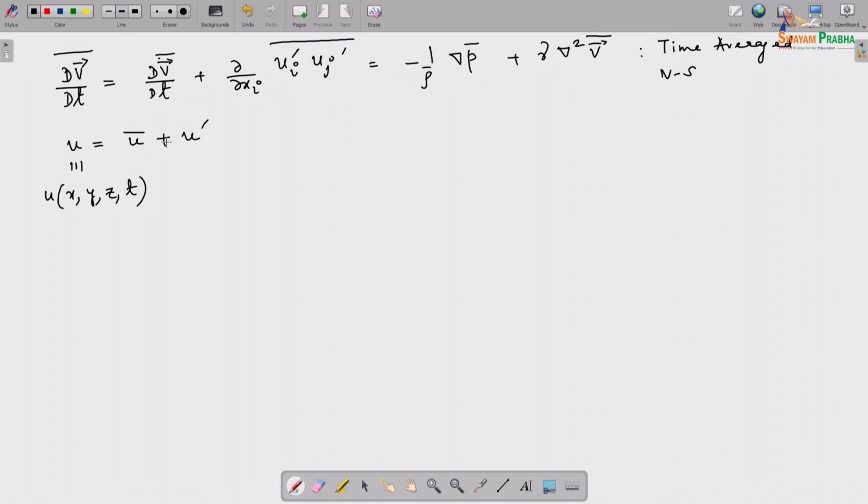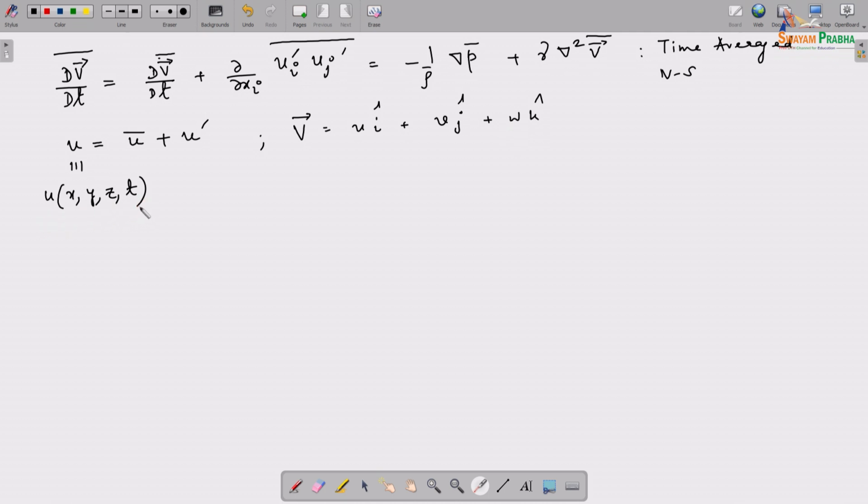So this is the time averaged Navier-Stokes equation. Again, this bar is representing a time average. So we have the gradient of a time averaged pressure, and this is del square of the time averaged velocity. And the velocity is the generic three-dimensional, three-component velocity, where each of these components, u, v, and w, depend on space and time, right.